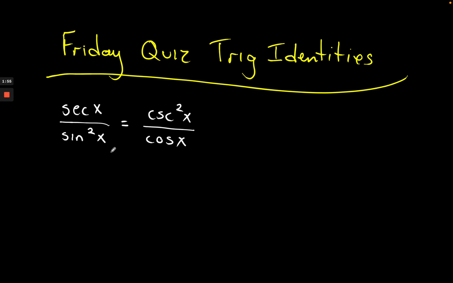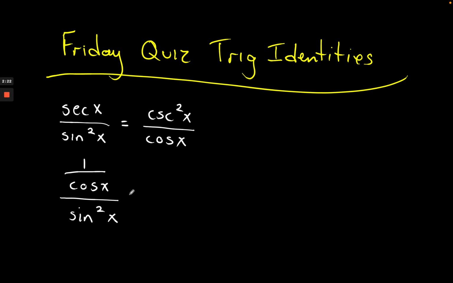Okay, so looking at this one, my first thought is to rewrite that secant. Secant is the same thing as 1 over cosine. So what we typically do is we work with one side at a time. We don't go back and forth.